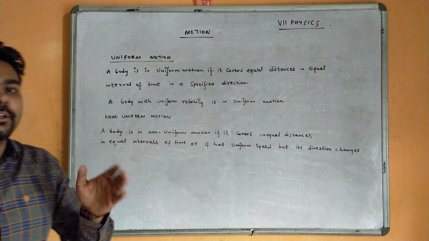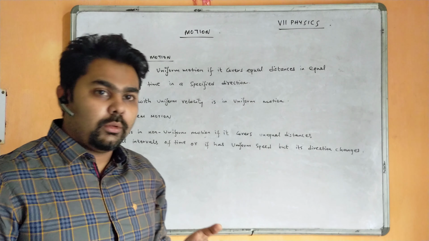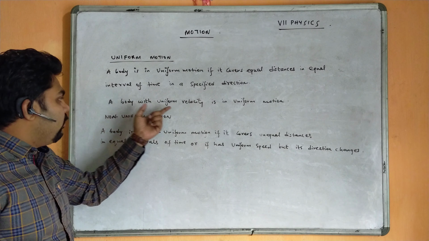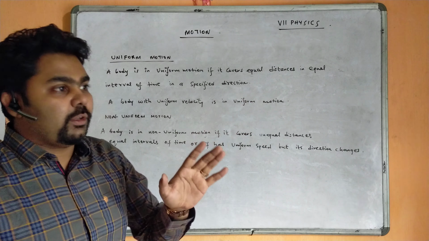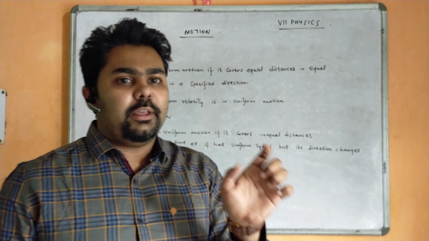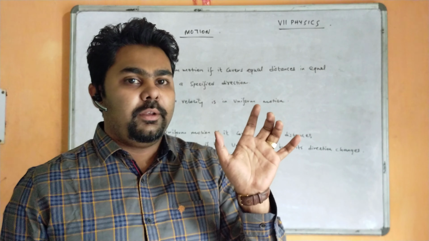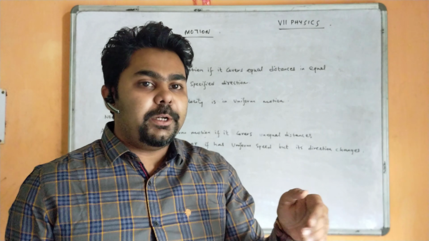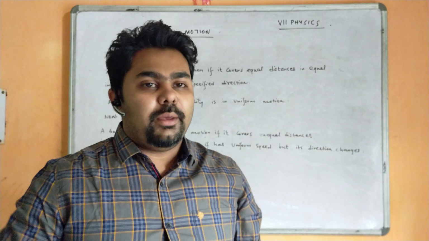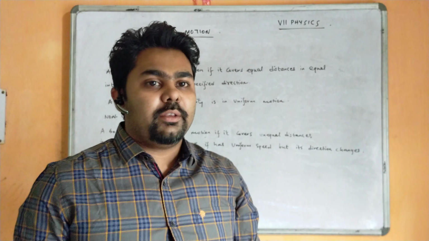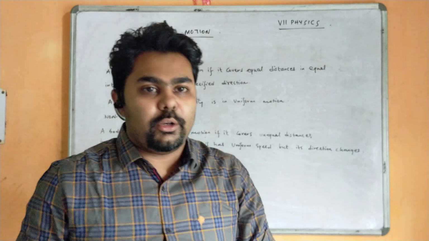So we say that the car is moving with uniform motion. Okay, a body with uniform velocity is in uniform motion. That means if a car is moving with a certain fixed speed and the time interval is also the same, then we consider it to be uniform motion, that is uniform velocity.